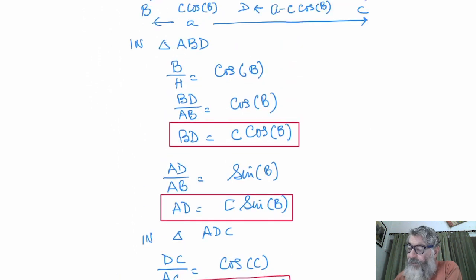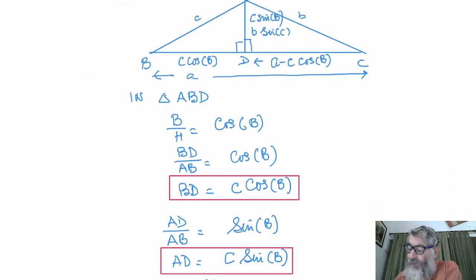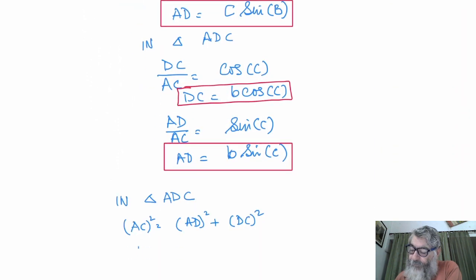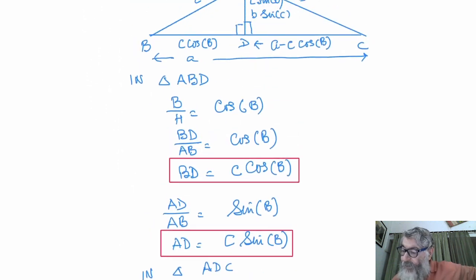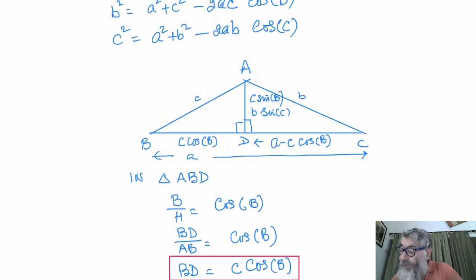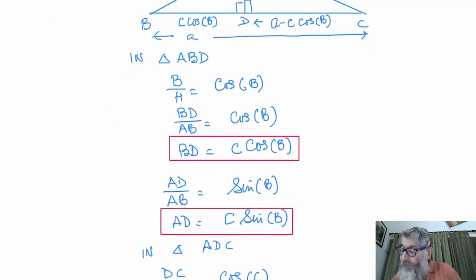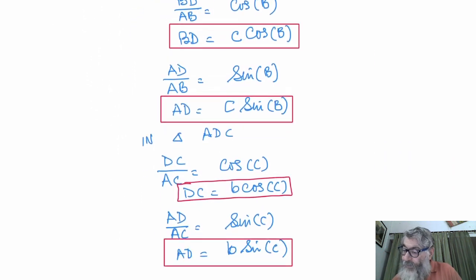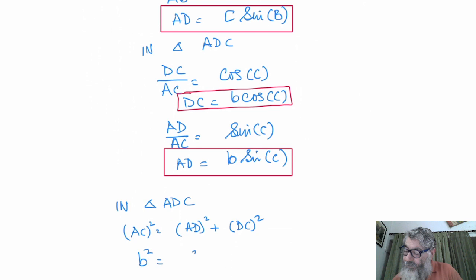Now what is AC square? AC square is B square. And AD is how much? AD is, we are taking sin B. AD is C sin B, whole square.